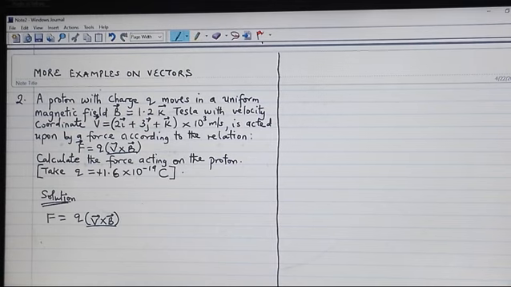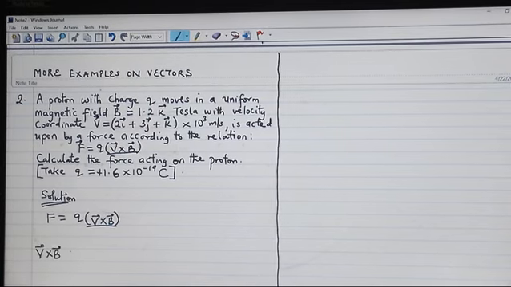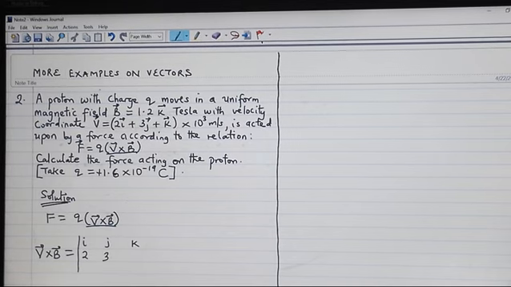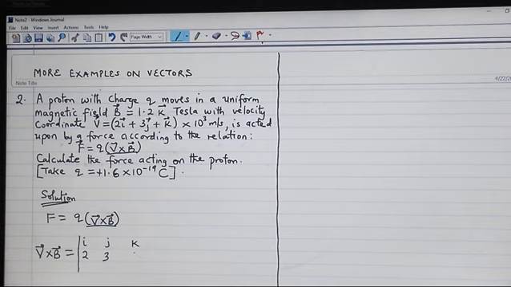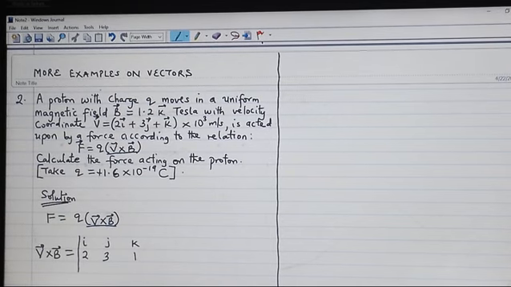So we say V cross B is equal to, we use the determinant method also, this is i, j, and k. For V, we have 2 representing the unit vector along the x-axis, 3 representing the unit vector along the y-axis, and 1 representing the unit vector along the z-axis. For B, which is the magnetic field, we only have the unit vector along the z-axis.